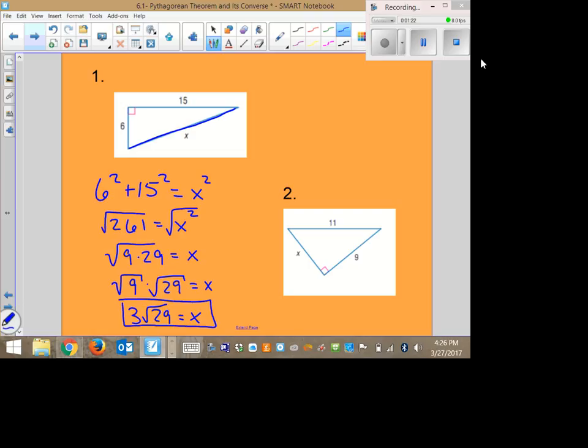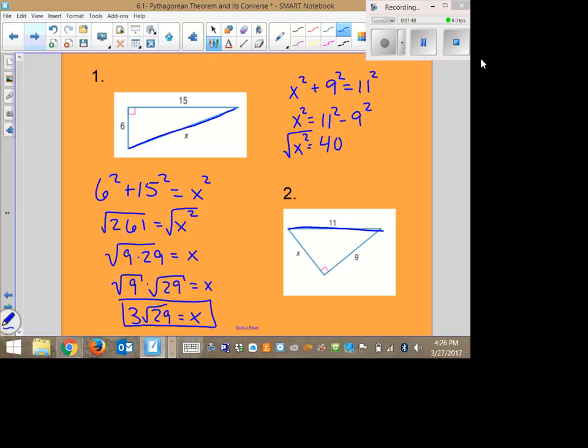Number 2 here, we have that 11 is our hypotenuse. And so we have that X squared plus 9 squared equals 11 squared. Solving, we get X squared equals 11 squared minus 9 squared. So we get X squared equals 40.